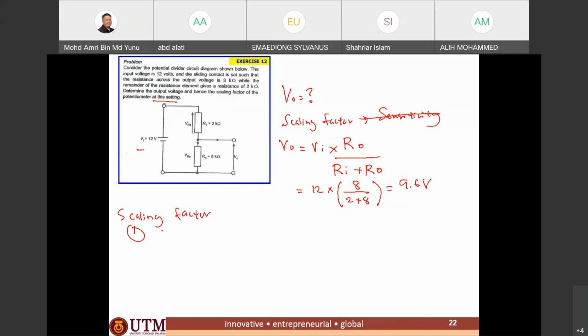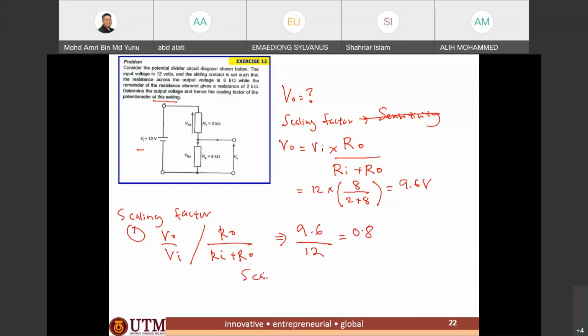Therefore, in this setting, the output is 9.6 and the input is 12, so we get 0.8.